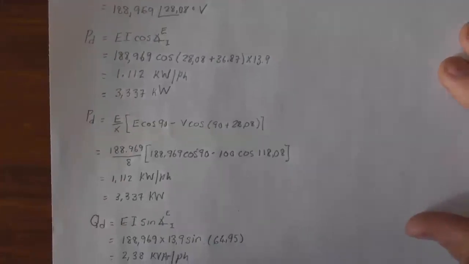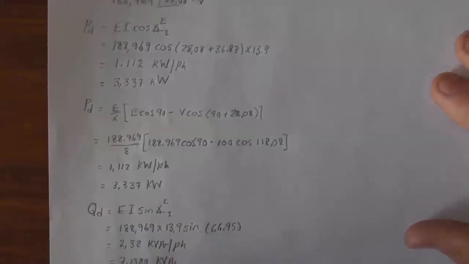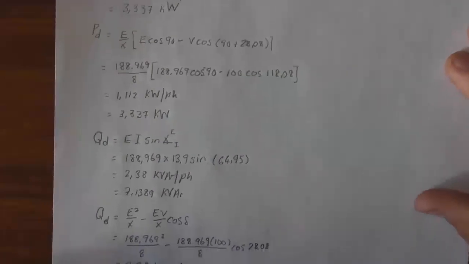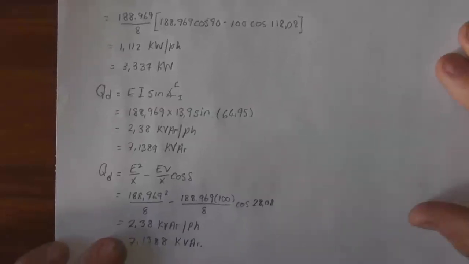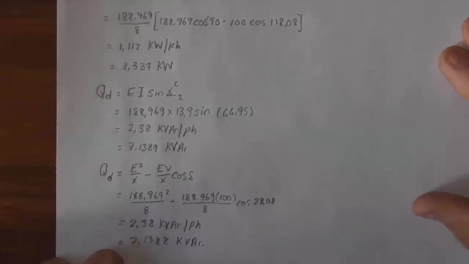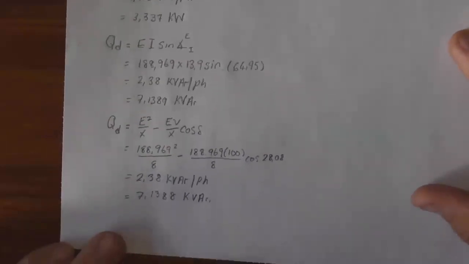And then if we use the formula, then we can get the same answer, 1112 watts per phase, which is 3.3037 kilowatts. For developed reactive power, EI sine of the angle between E and I gives us 2.38 kilovolt ampere per phase, or 7.139 kVAR. If we use the formula, then we get the same answers.